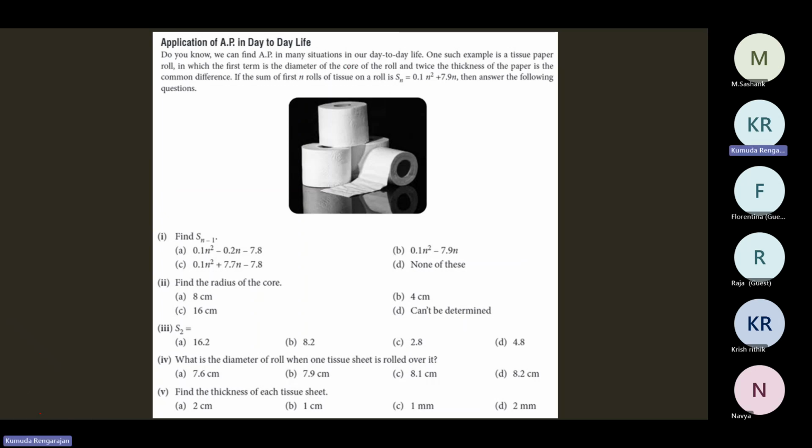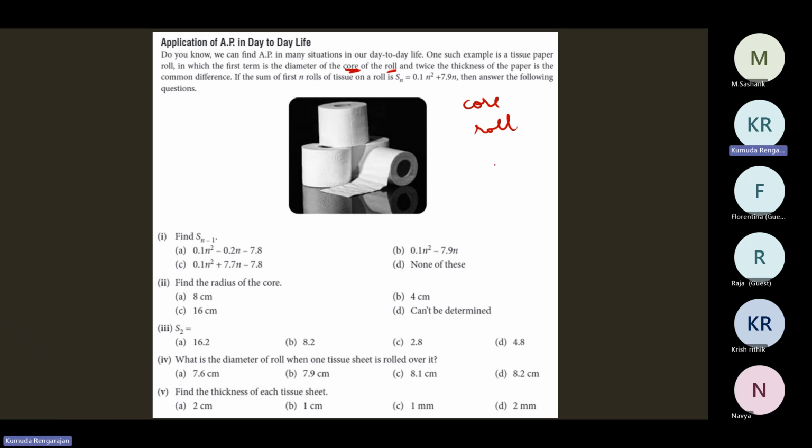See the terms here, core and roll. The core is that hard thing, you know, that once the tissue is exhausted, you can see that hard thing, that cardboard cylindrical thing. That's the core. The roll is the paper, the tissue paper, which is rolled on it.